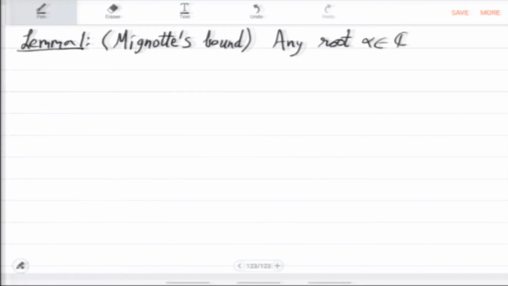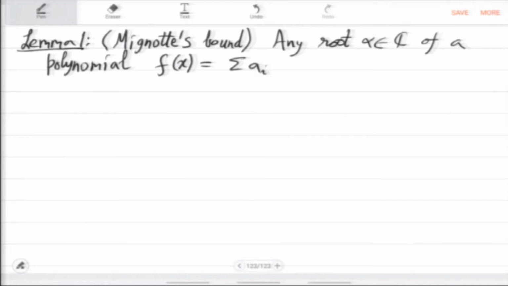This is called Mignotte's bound. Any complex root alpha of a polynomial f(x) = sum of a_i x^i, where the a_i are the coefficients and there are n plus 1 of them, degree is n, and these are all integers.